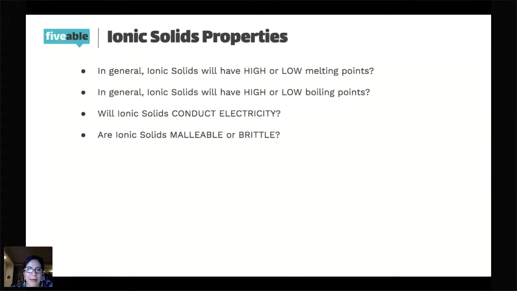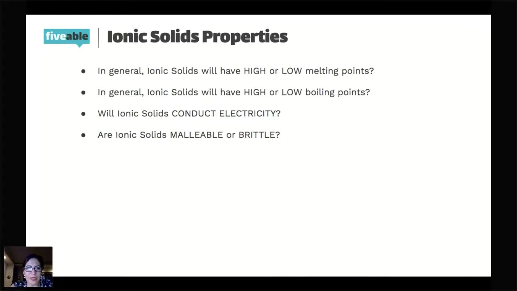We will have high melting points because, remember, they want to be together. Their lattice energy is usually very, very high. So the melting point will be regularly high. What about the boiling points? High or low? Exactly the same. They will have high melting and high boiling points.